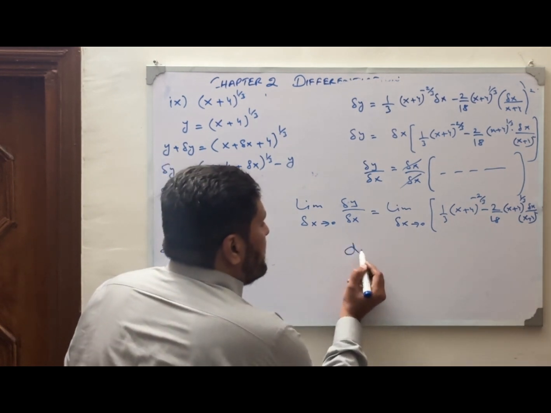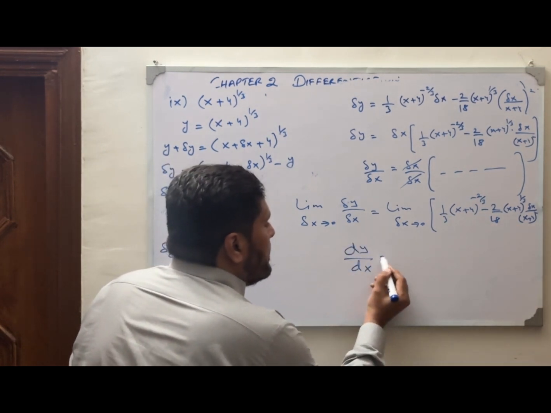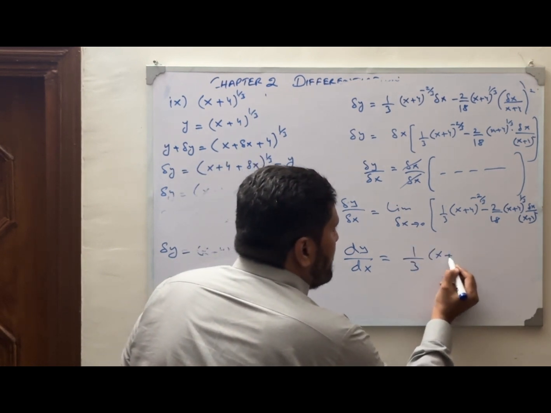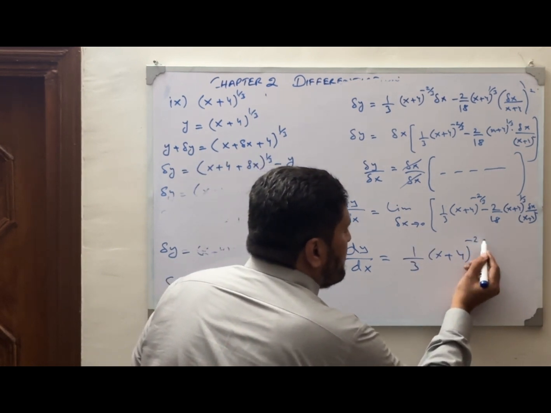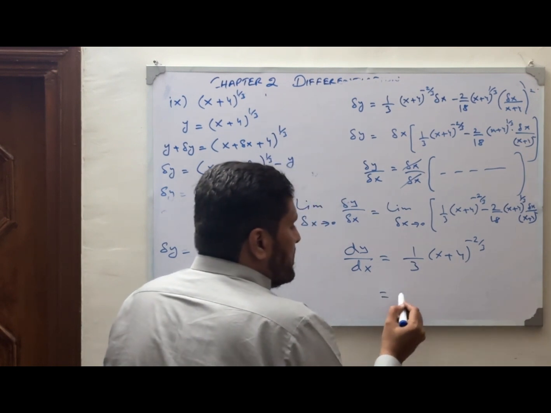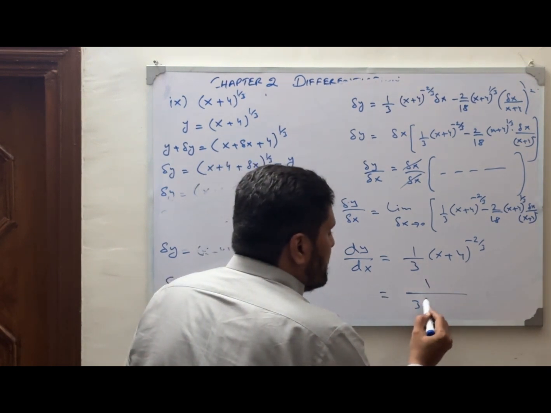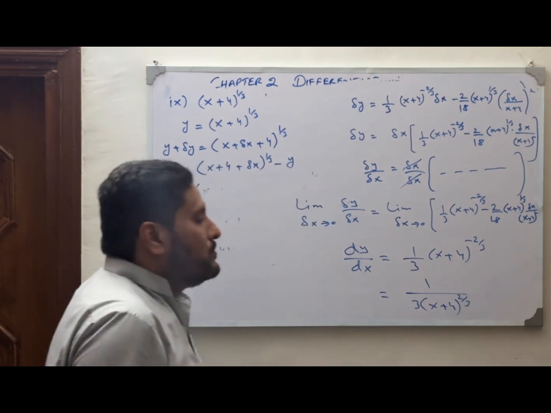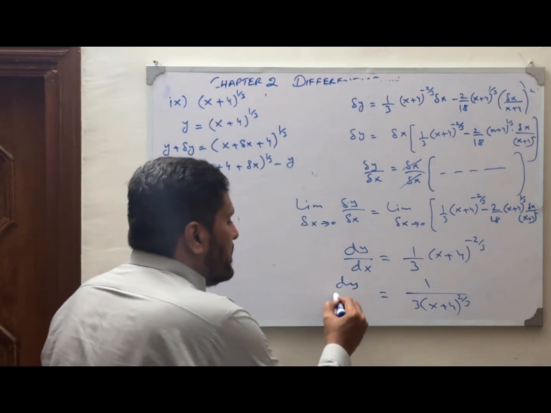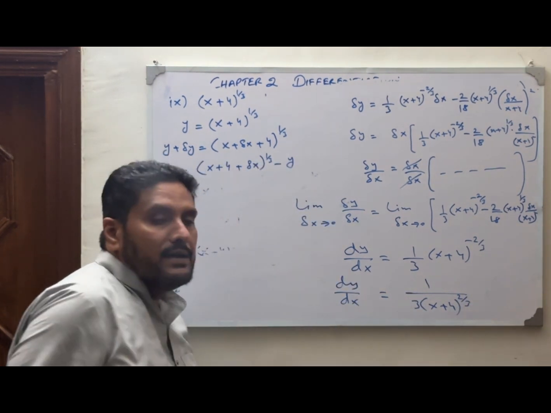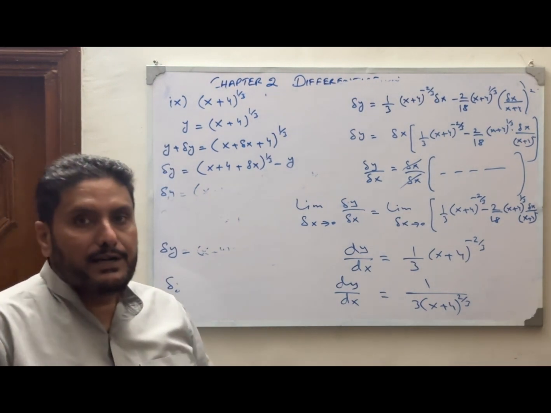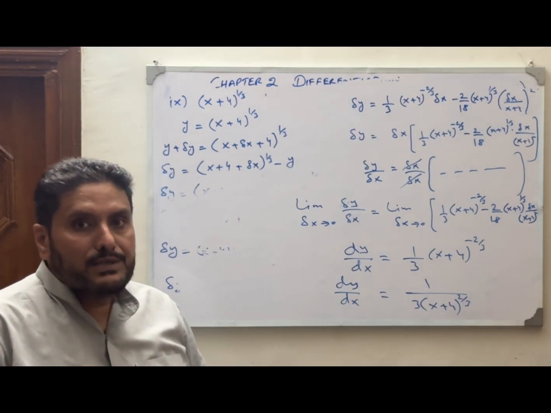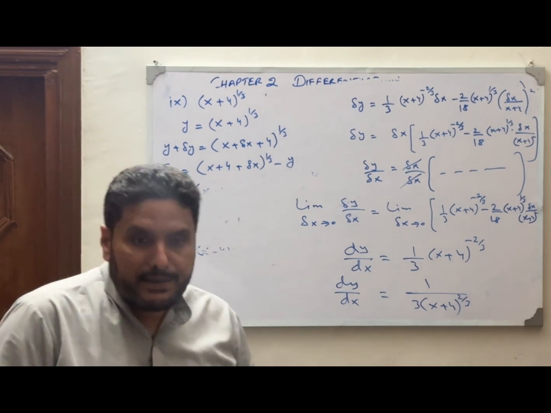So our dy by dx is equal to 1 by 3 into (x plus 4) power minus 2 by 3, or we can write it as 1 by 3 into (x plus 4) power 2 by 3. This will be the required dy by dx for this given function by using the ab initio method.